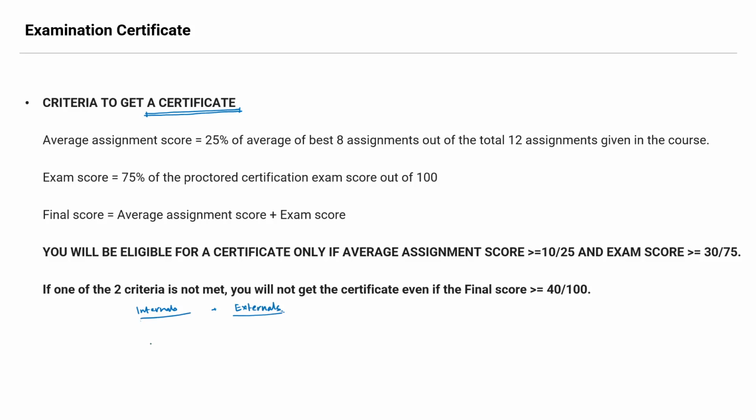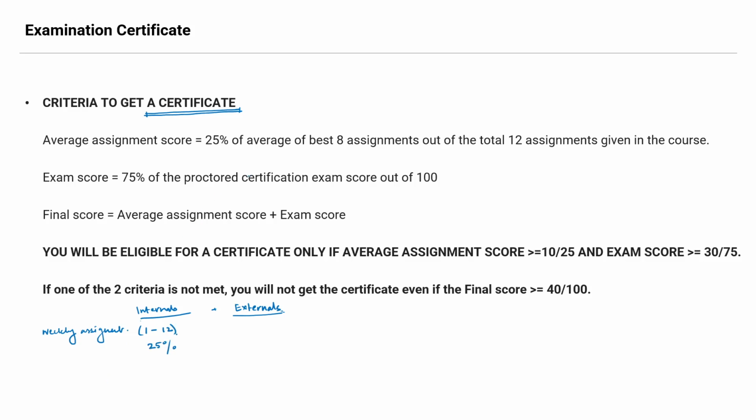All these weekly assignments from week 1 to week 12 are a part of your internals. And these carry an overall weightage of 25%.